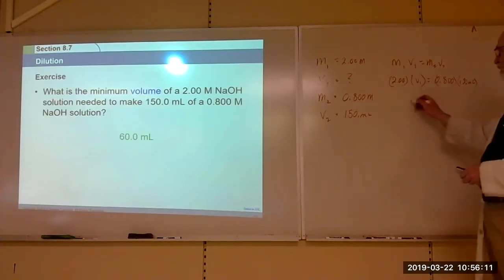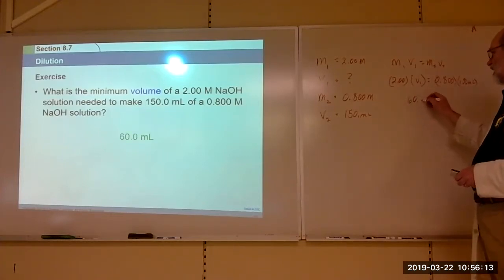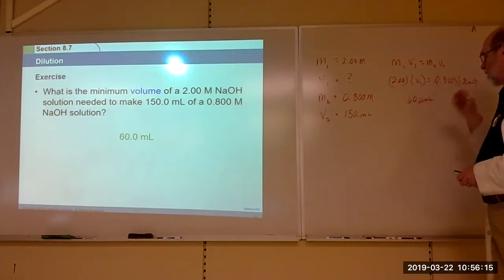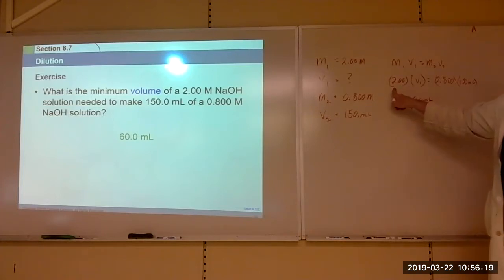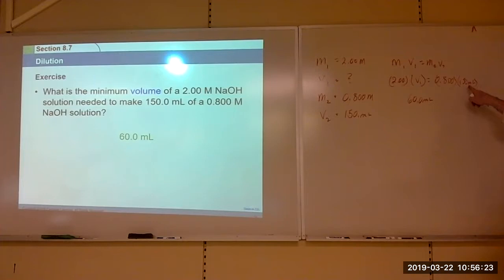And it should be 60 milliliters. So what does that say? That means if you take 60 milliliters of this concentrated solution and dilute it with extra water until you get 150 milliliters final volume, its concentration will be 0.8 molar. Okay.